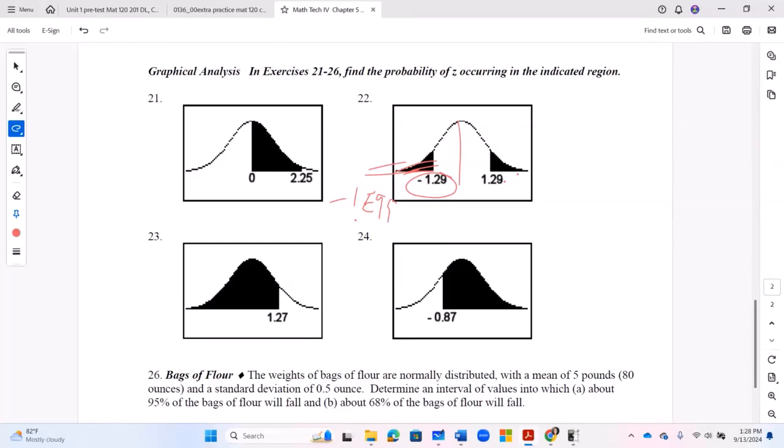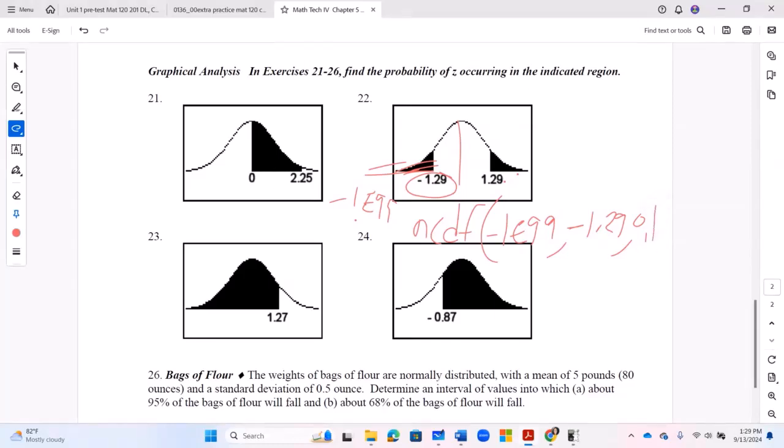So I'm going to tell my calculator to find the area, normal CDF, lower bound negative 1E to the power 99, to the upper bound. Even though negative 1.29 is negative, it is still greater than negative infinity. So upper bound, negative 1.29. The mean of a standard normal is 0.